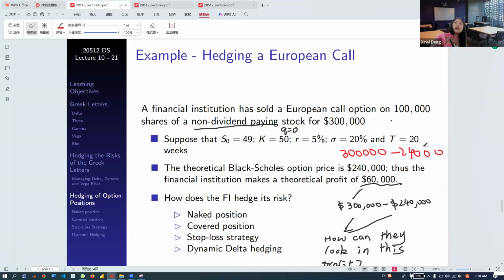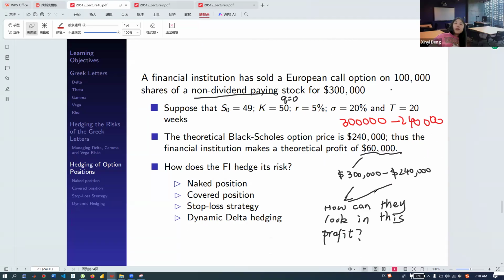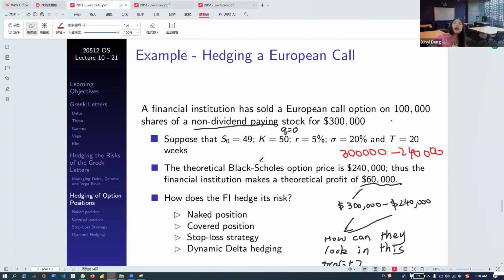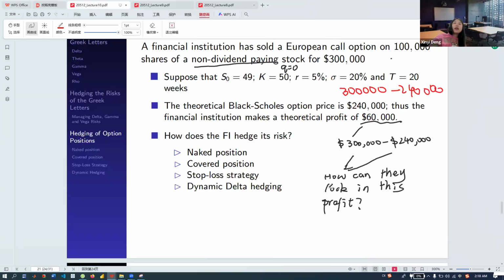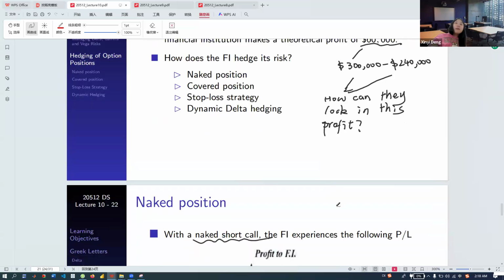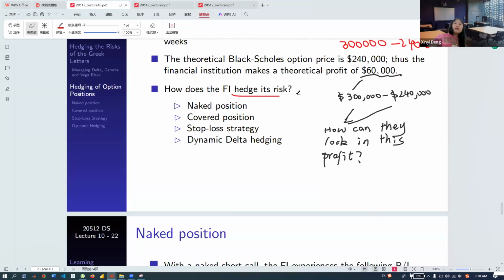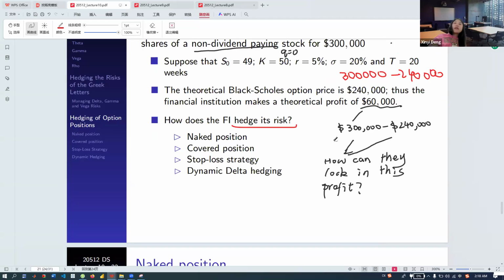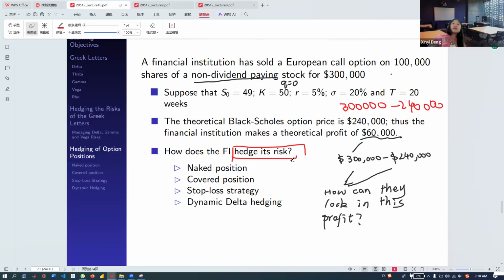That's actually $60,000 of theoretical profit. But how can this financial institution lock in this profit? Locking in this profit basically means how does a financial institution hedge its risks.